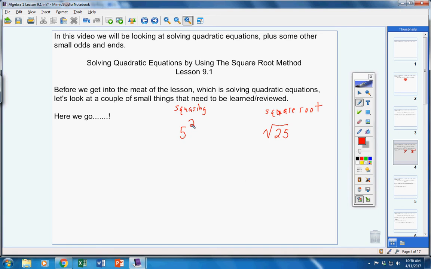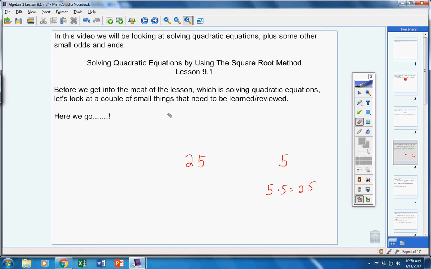Now 5 times 5 is 25. And we should know by now, students, that the square root of 25 is 5. Why? Because 5 times 5 equals 25. So the square root of 25 is 5. Okay?